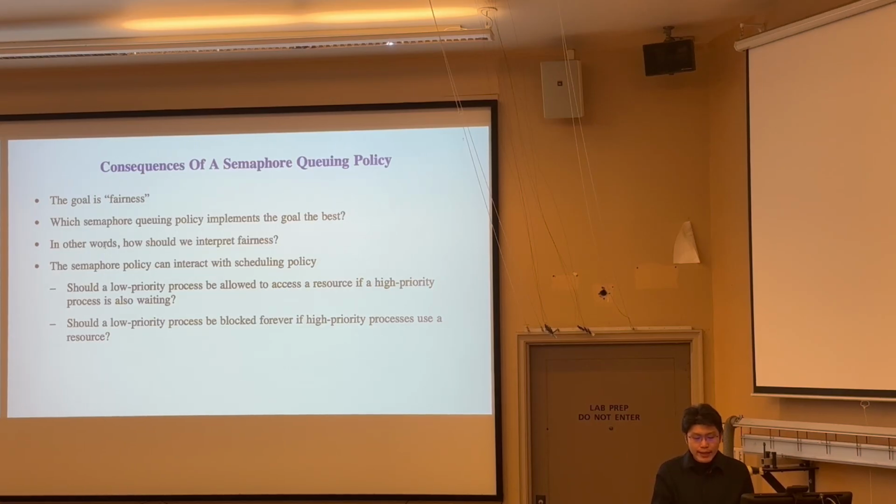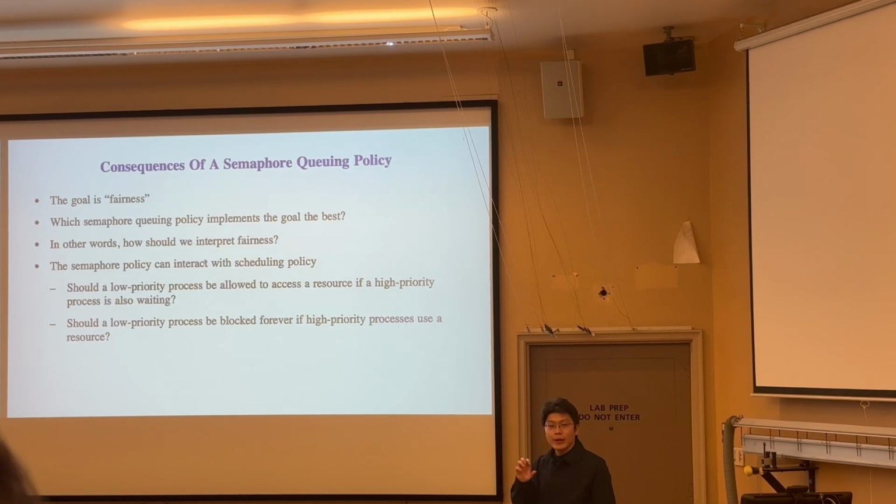One interesting phenomenon, and this is the point I want to cover, is that the semaphore policy can interact with the scheduling policy in interesting ways. The scheduling policy is, when you do a context switch, which process you're going to switch onto the CPU, how you manage the ready list of processes.